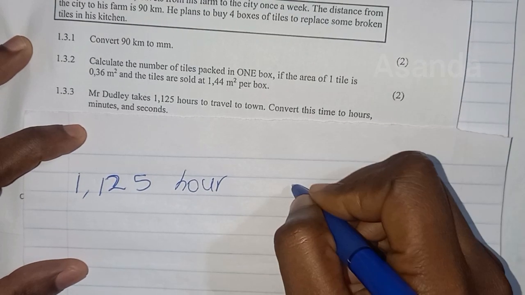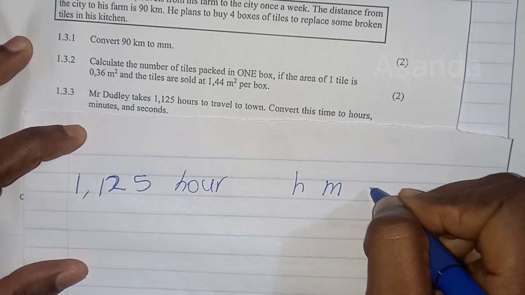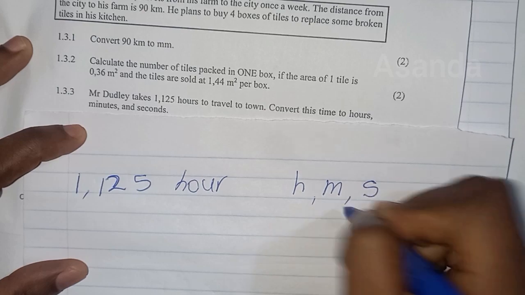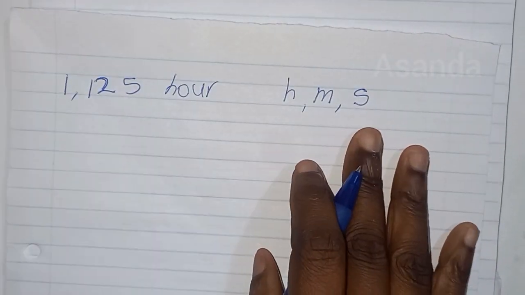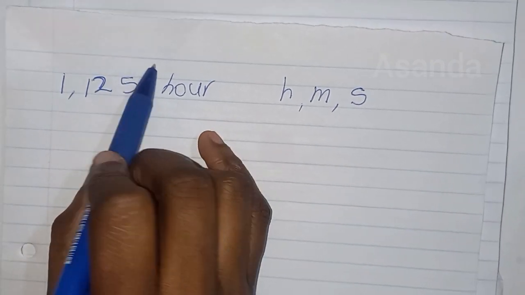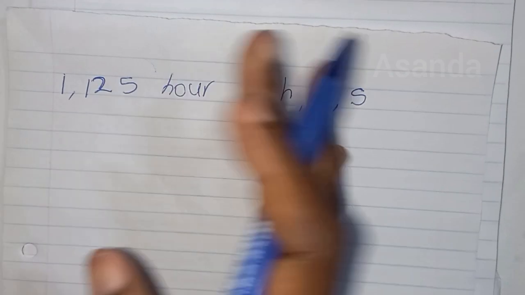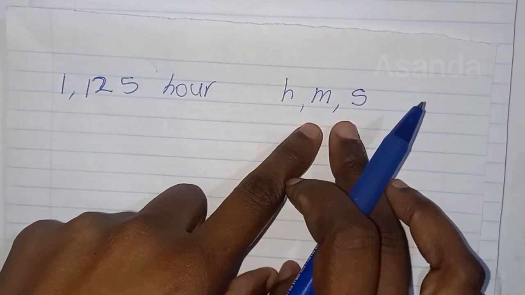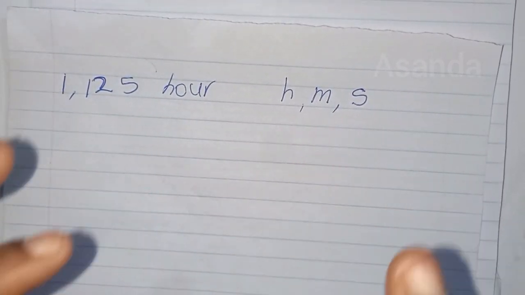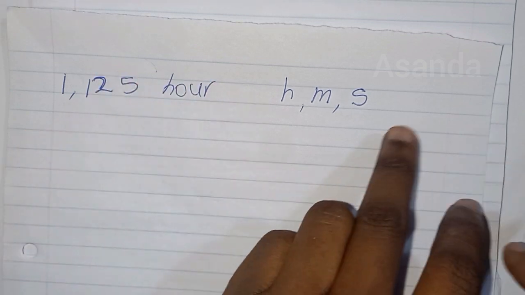And they want this in hours, minutes, and seconds. Here's what you do in this situation. So we have only hours. Now they're saying if there's anything that's less than an hour, write it in minutes. And if there's anything that's less than a minute, write it in seconds.